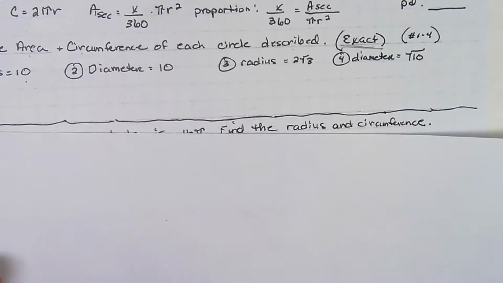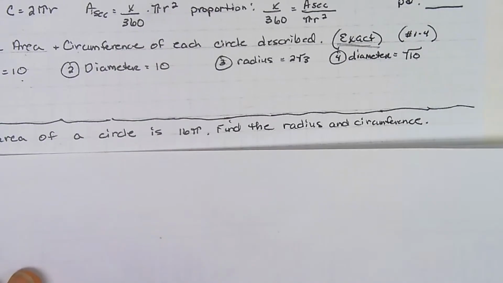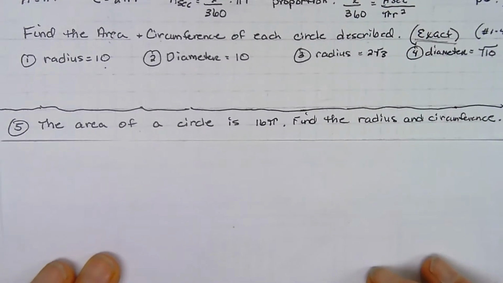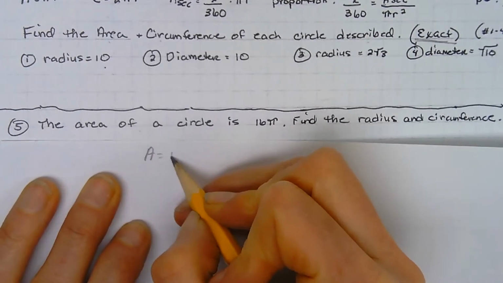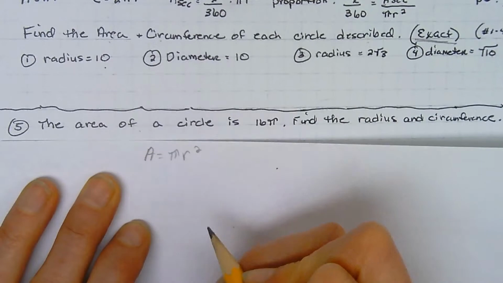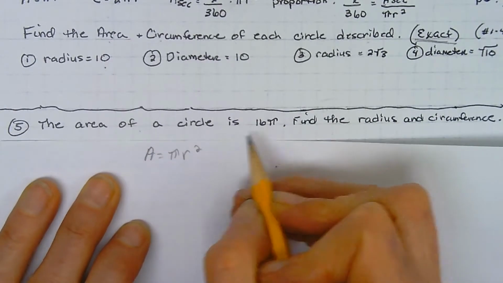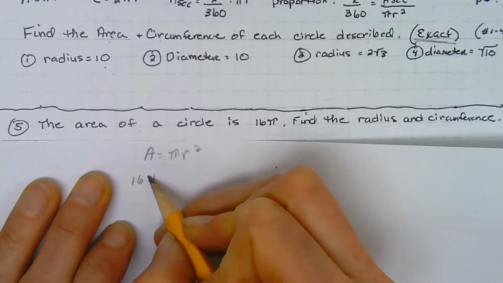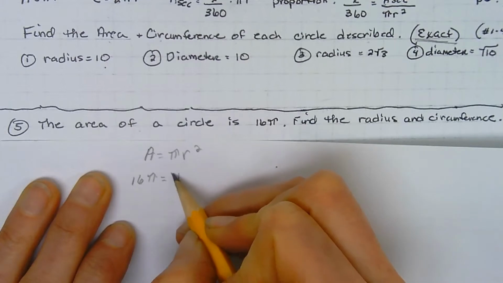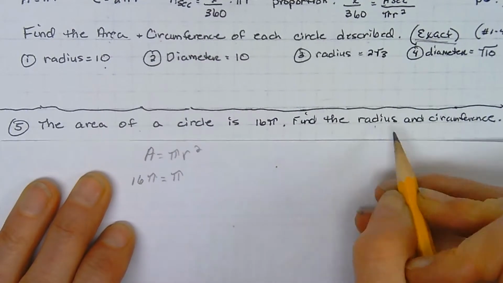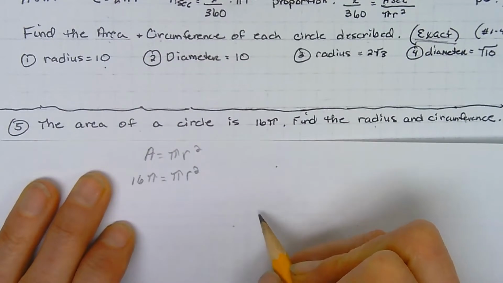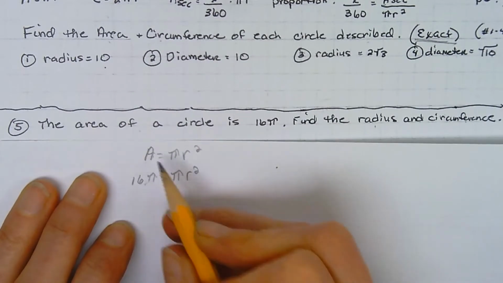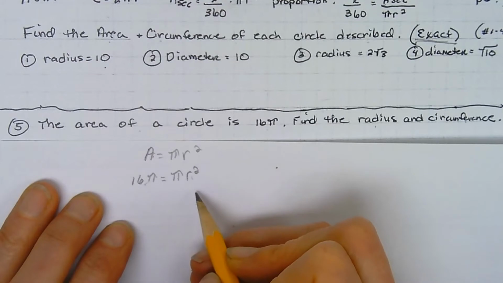Number 5. The area of a circle is 16 pi. Find the radius and circumference. Well, area of a circle is pi r squared. We're given the area is 16 pi, and we're asked to find the radius. After we find the radius, then we can use that to find the circumference. So 16 pi is the area, pi r squared.